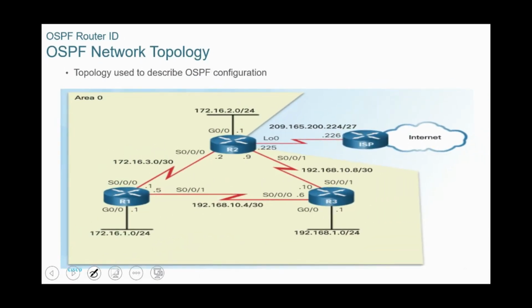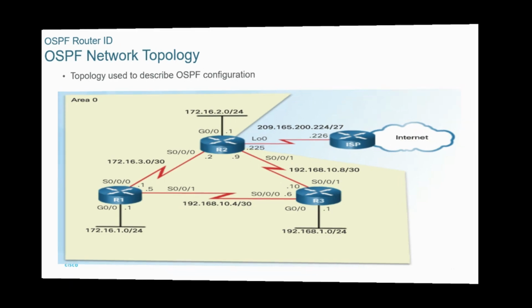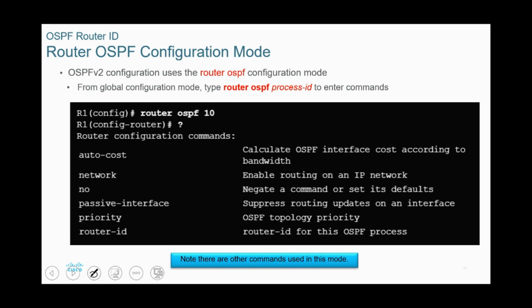The topology used to describe the OSPF configuration is shown here. OSPF version 2 configuration uses the router OSPF configuration mode. From the global configuration mode, you have to type router ospf and the process ID to enter the command.